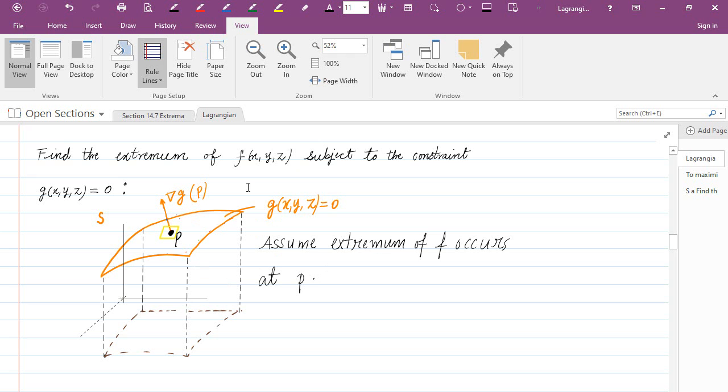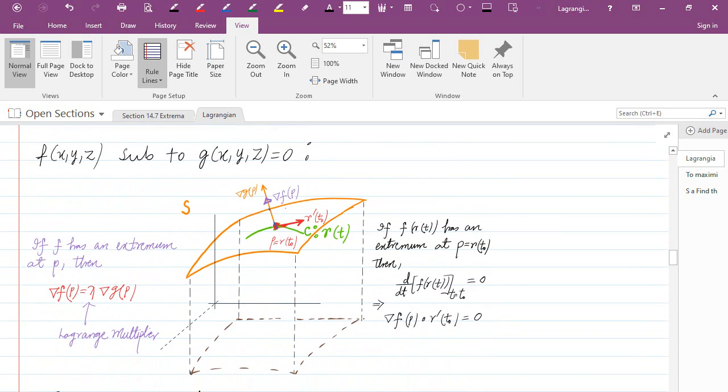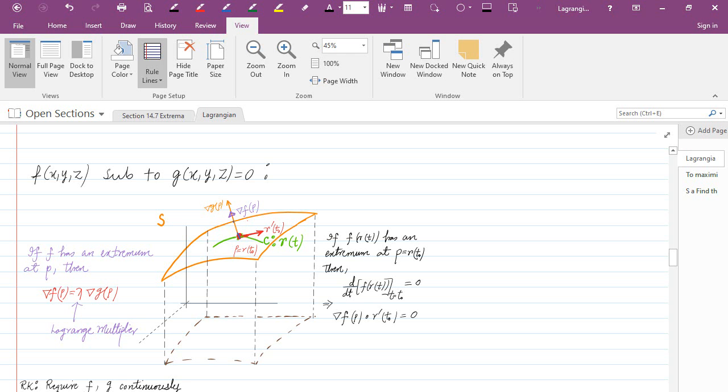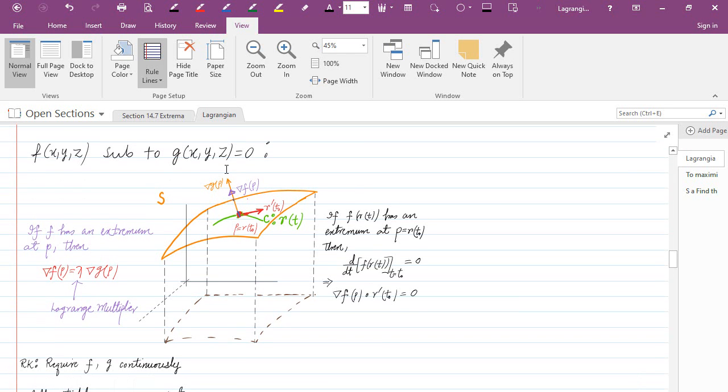But if the extremum of f occurs at P, only then the gradient of f will be perpendicular to the surface at P. So let's check that. So we are considering f(x,y,z) subject to the constraint equation g(x,y,z) = 0.